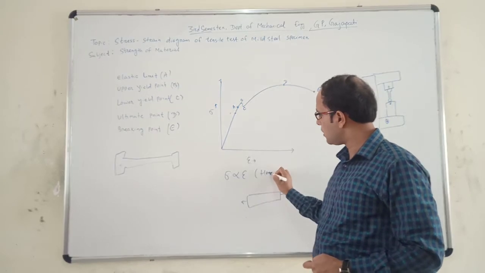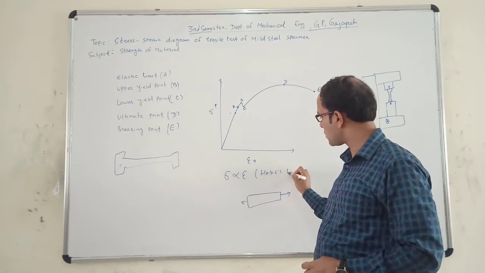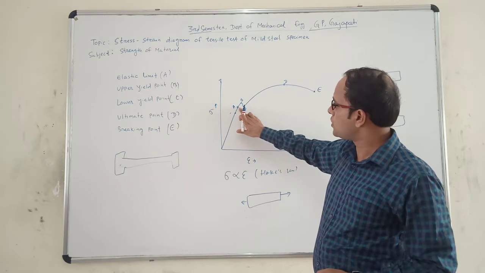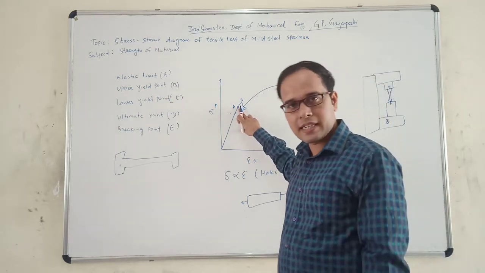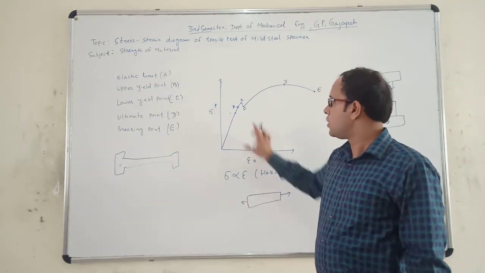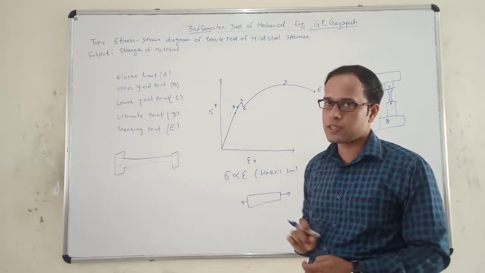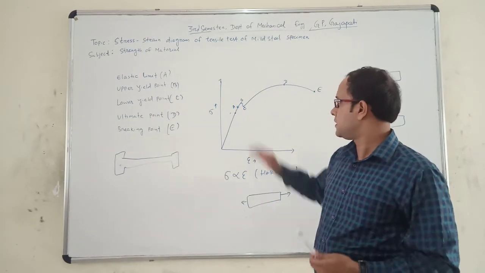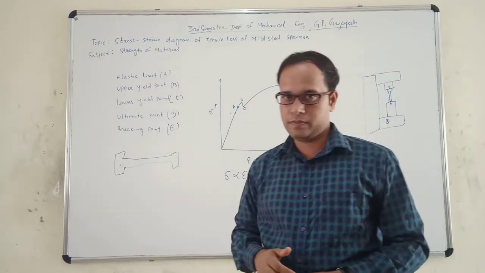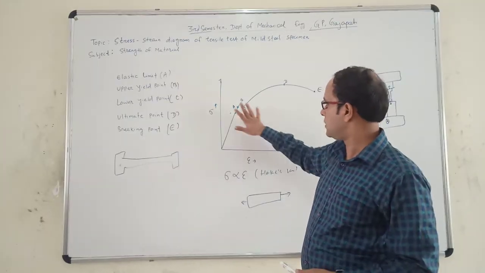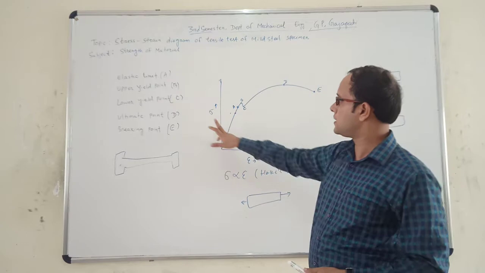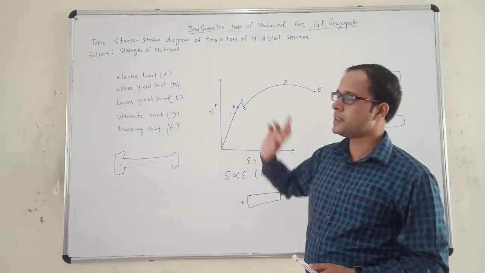And Hooke's law applies here. So up to the elastic limit, it obeys Hooke's law, that means stress is directly proportional to strain. Then after that, the yielding zone. So this is all about the different salient points of this stress versus strain diagram.